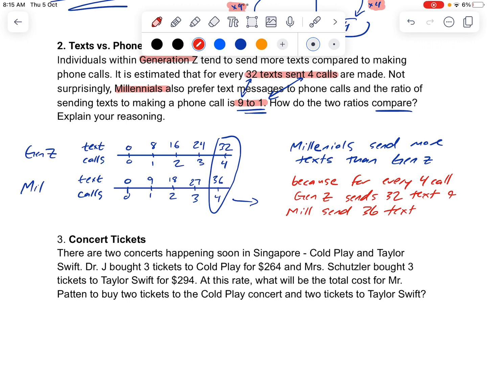Now, I didn't have to use that comparison. I could have also used this right here, our unit rate. If I was going to use this as my evidence, I would keep this statement the same.